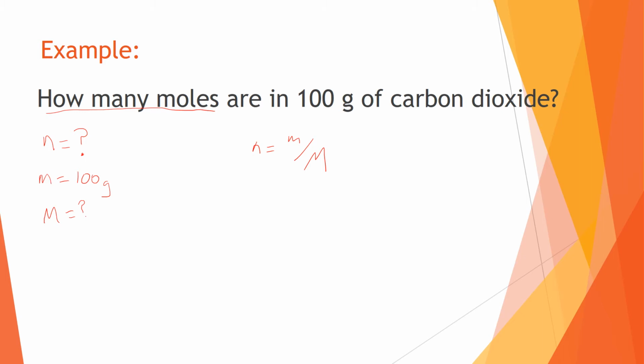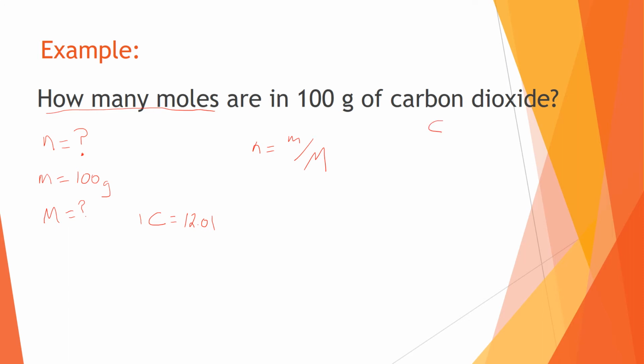But in this case, we can figure out what the molar mass of carbon dioxide is, right? We know that carbon dioxide has one carbon in it, and carbon has a molar mass of 12.01 grams per mole. And there's only one of them, and we know that carbon dioxide is CO2, right?